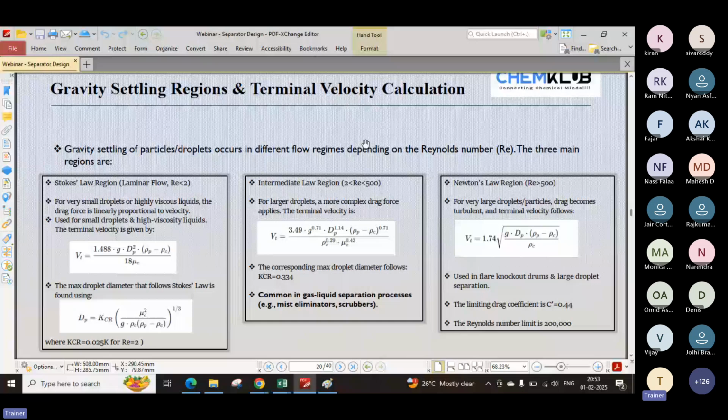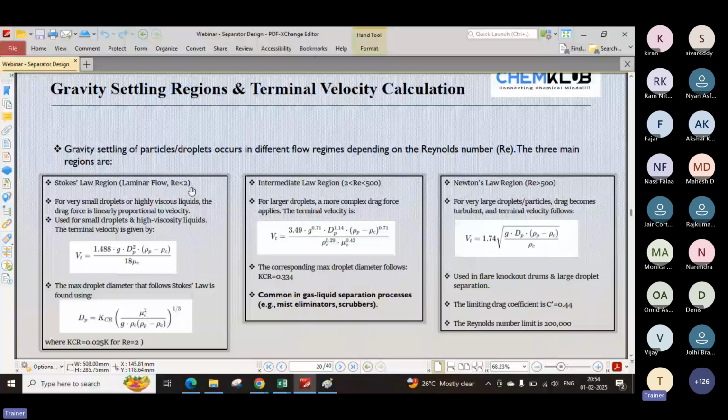These are the GPSA formulae. When the Reynolds number of the continuous phase, that is of the lighter fluid or the oil phase, is very low, we use this equation to calculate the terminal velocity when the Reynolds number is less than 2.